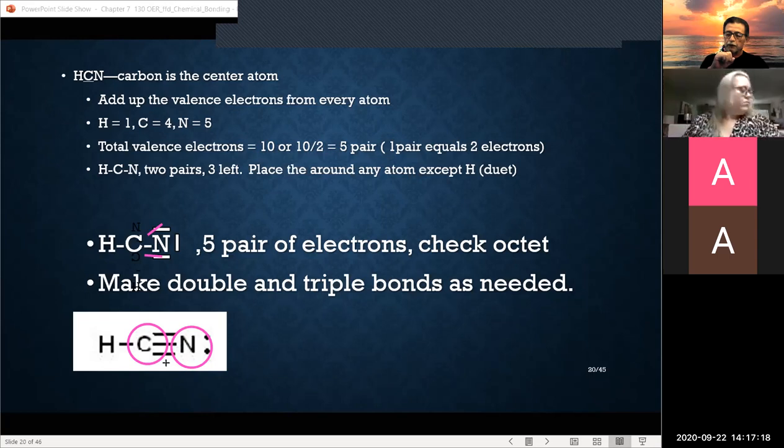Now, count overall, do I still have 5 pairs? Sure enough, 5 pairs. You remember, you can only work with the pairs that you have. You cannot arbitrarily just add electrons or take them out.